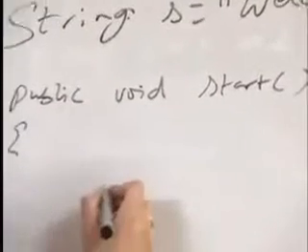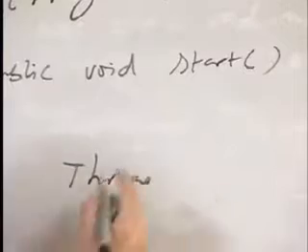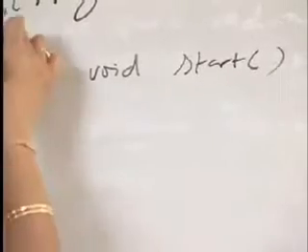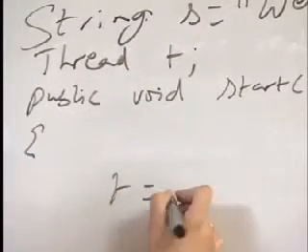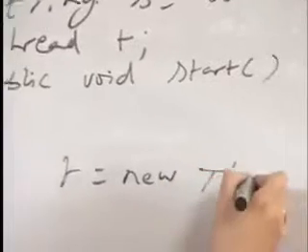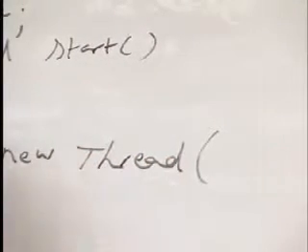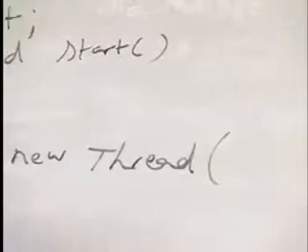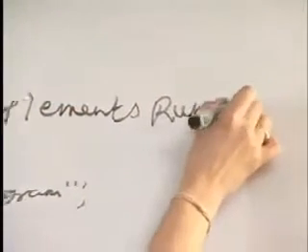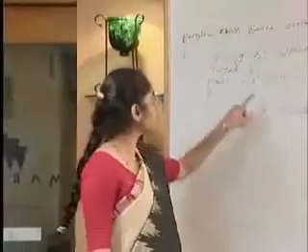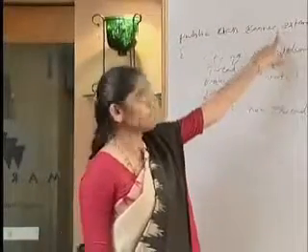In the start method, we are going to create an instance of thread. So t is equal to new thread of the runnable object. We are using the second methodology, so let's have this class implement the runnable interface. And the runnable object is the this reference. The current object which has invoked the start method is also a runnable object.